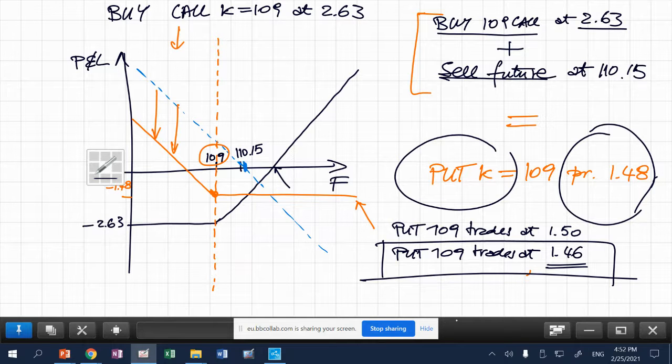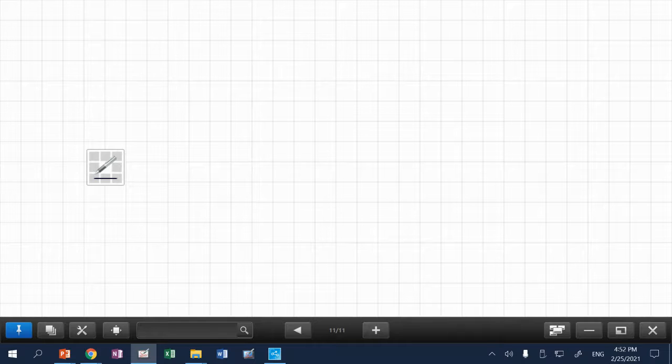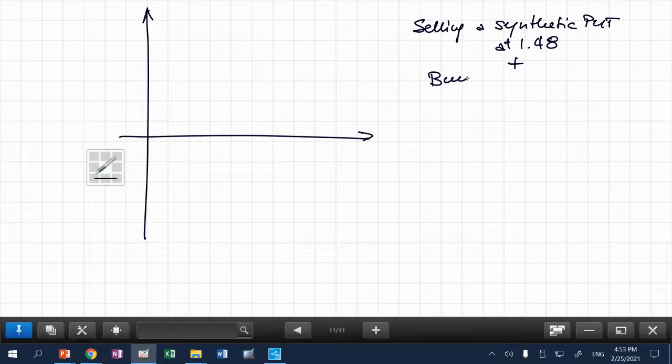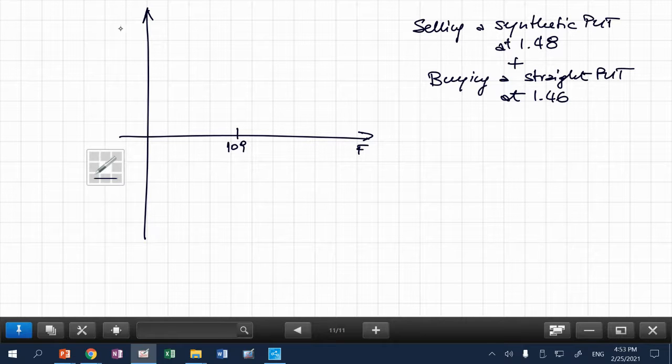Intuitively, if you did that, imagine that you combine selling a synthetic, so a recreated put, at 148, plus you combine that with buying a straight put, the one that you find on the market, at 146. You would be in this kind of situation at maturity.